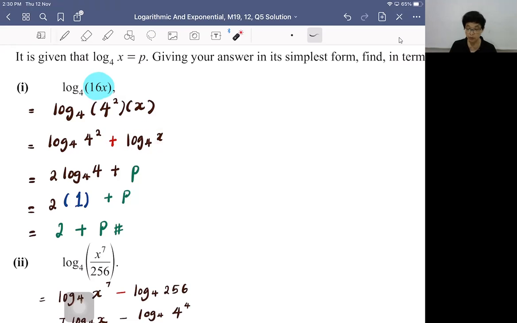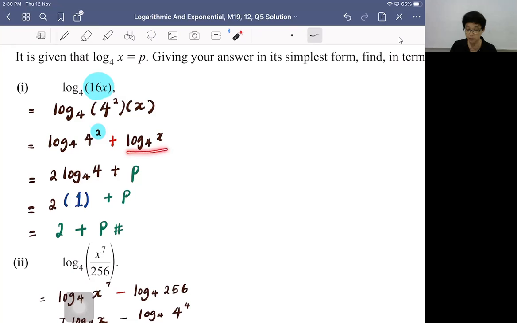The next move is where we observe the power of 2. Here we're going to use the power rule, with a simple moving of the 2 to the front of the log base 4. That's where we get 2 log base 4 of 4.